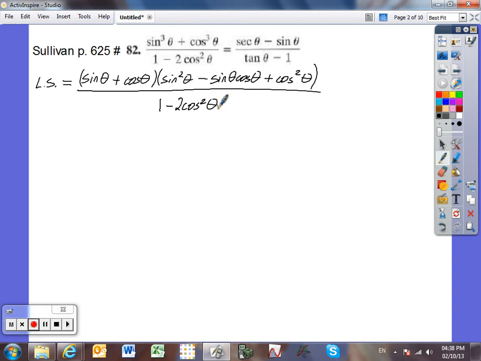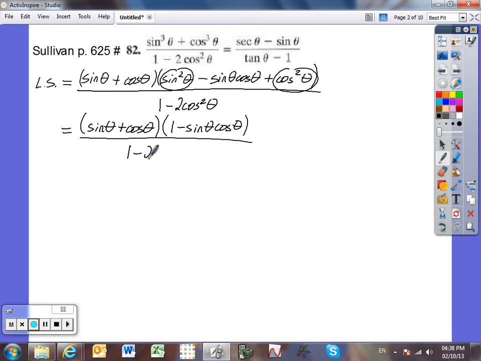Now in my numerator, I notice I've got a cosine squared plus a sine squared. That equals 1. So I've got now sine theta plus cosine theta multiplying by a 1 minus sine theta cosine theta. Well, boy, don't really see what to do here.